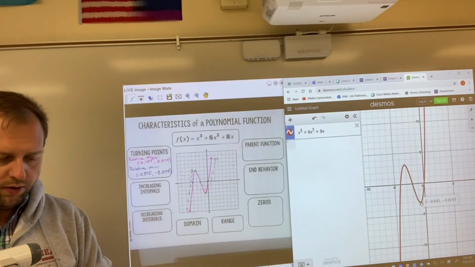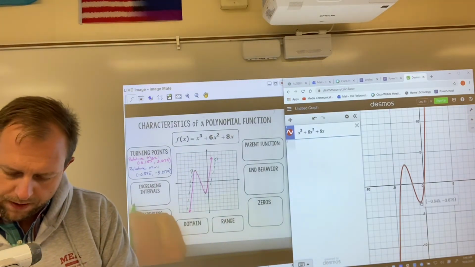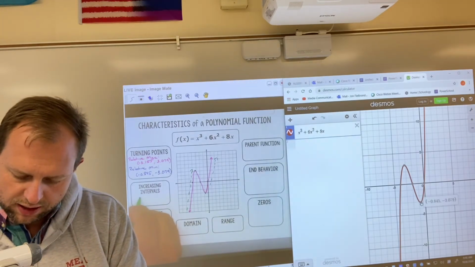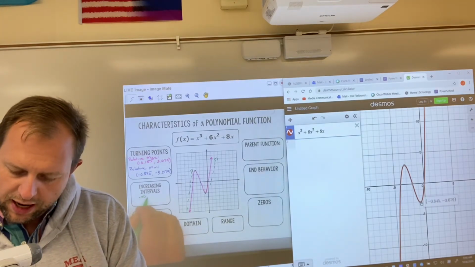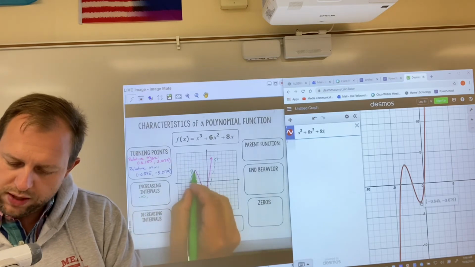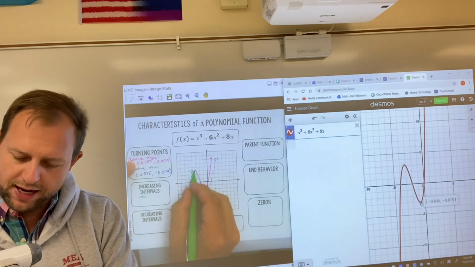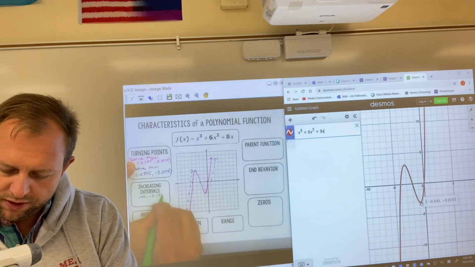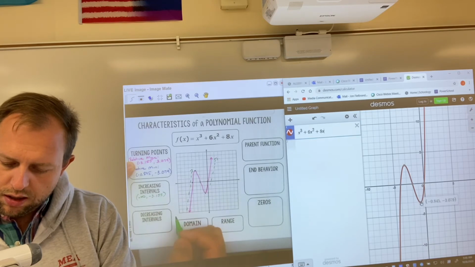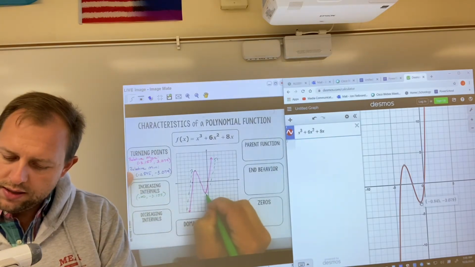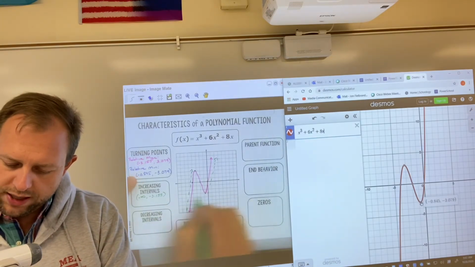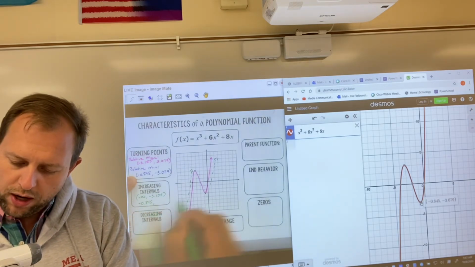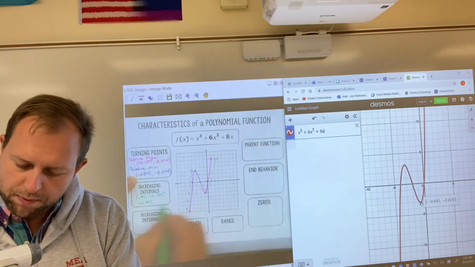So our two increasing intervals will be, starting from the left, -infinity, and that goes all the way to this x point on the relative maximum, which was -3.155. And then starting at the x point on our relative minimum, -0.845, we are increasing all the way until positive infinity.